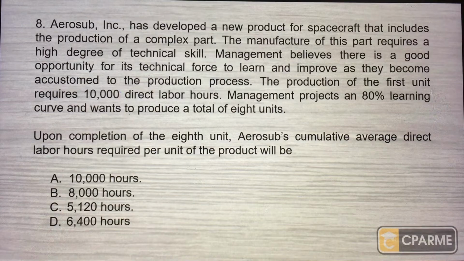Management believes there is a good opportunity for its technical force to learn and improve as they become accustomed to the production process. The production of the first unit requires 10,000 direct labor hours. Management projects an 80% learning curve and wants to produce a total of 8 units. So, what's the average direct labor hour? Yes, that's right. It's letter C, 5,120. Because 10,000 times 0.8 times 0.8 times 0.8.